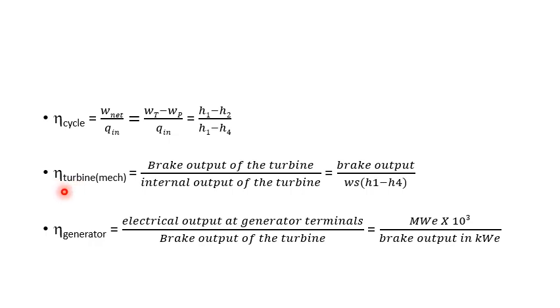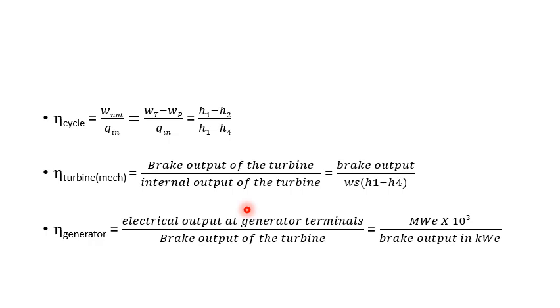Now another efficiency is the mechanical efficiency of the turbine, that is equal to brake output of the turbine divided by internal output of the turbine, that is equal to brake output divided by Ws into (H1 minus H2), where Ws is the steam generation rate.